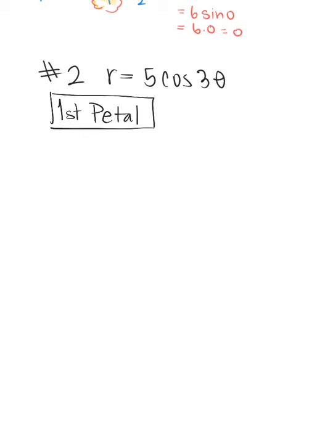And I do that by taking the value of a, which is the coefficient of the cosine function, and replacing r with it. So I have my equation, 5 cosine 3 theta equals r, but replace r with 5. And then from here I just solve this as a trig equation, but only for the first value. I don't need to solve it for all of them like I did in the last chapter.